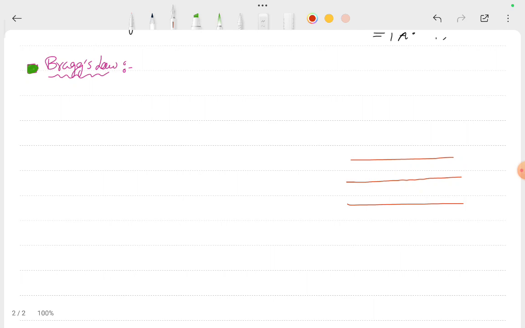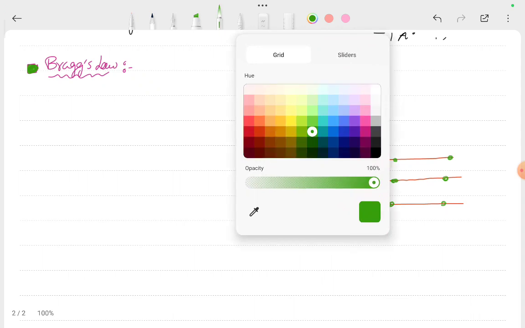It's all about atomic layers. Okay, it looks like that.